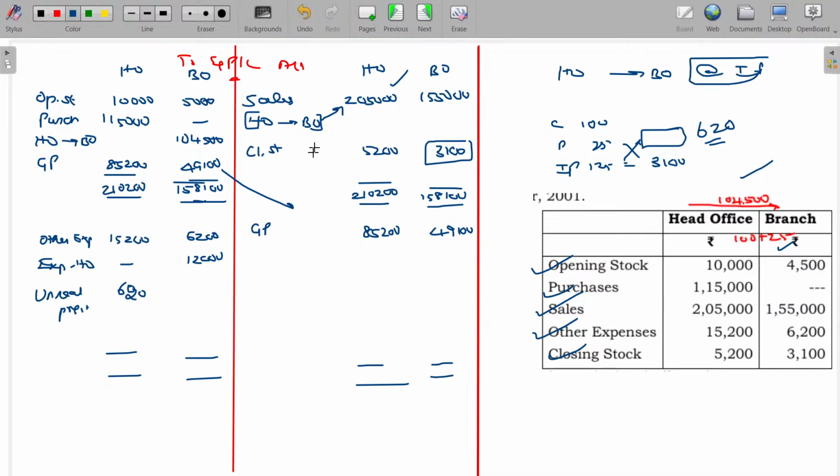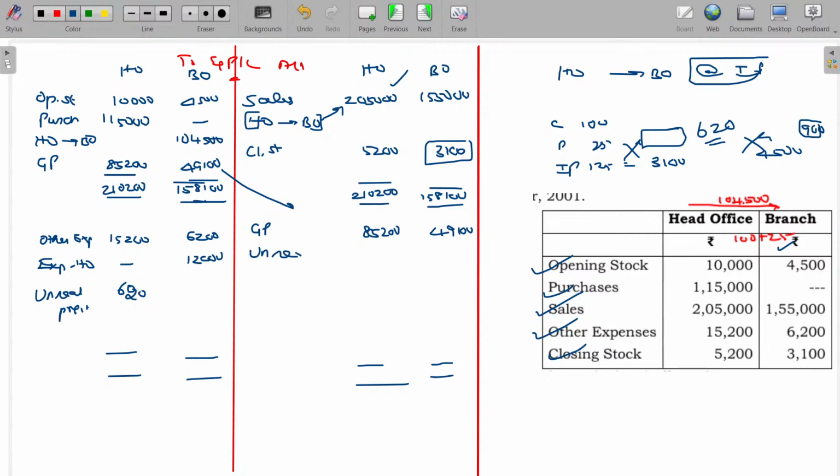And similarly, it is for the closing stock. What about the opening stock? Opening stock we have 5,000, 4,500. If the invoice price of the opening stock is 4,500, then what could be the profit here? It will be 900 rupees.